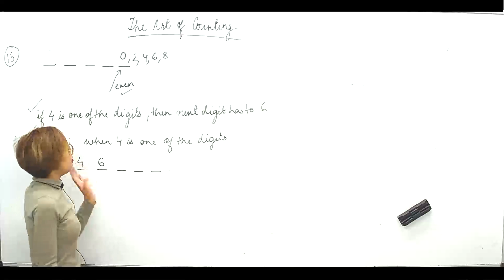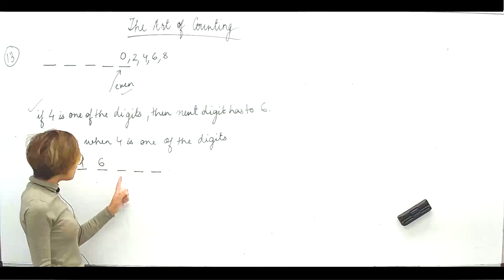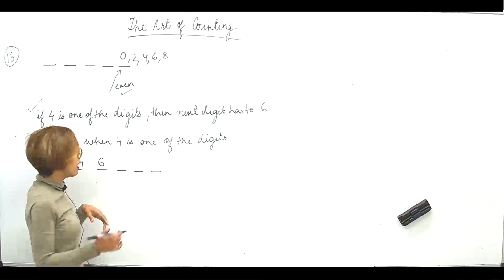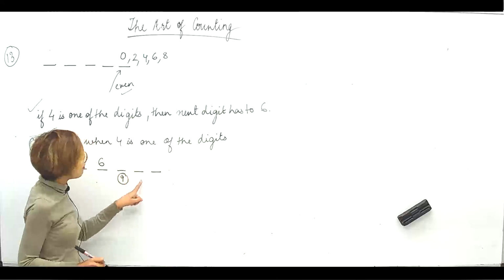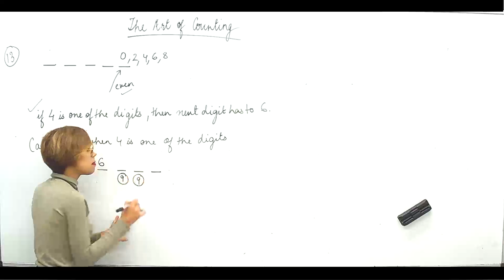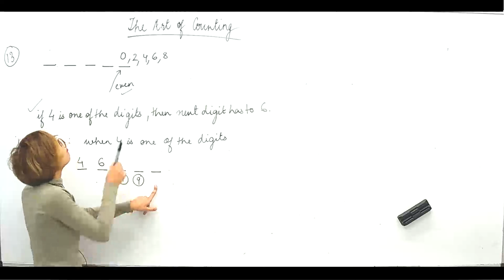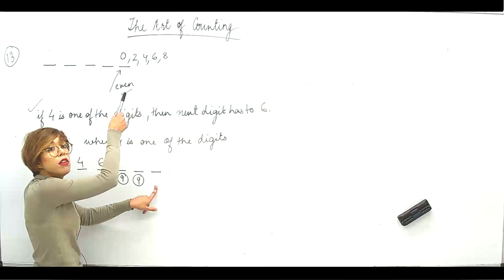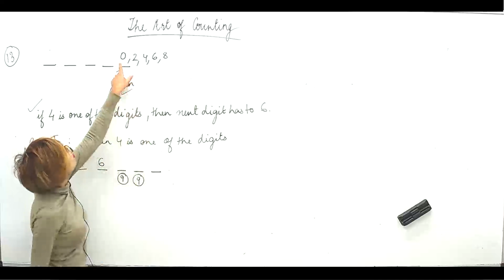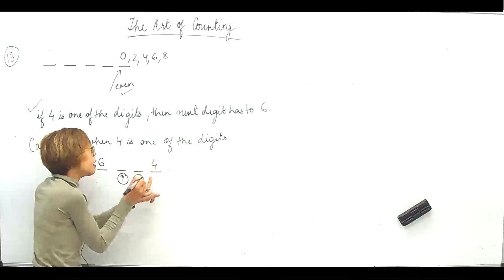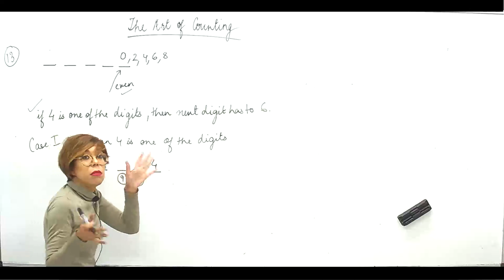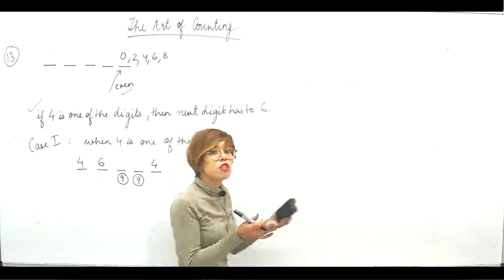So now let's check. Here 4 cannot come; anything except 4 can come, so I have 9 possibilities. Here I have to be careful, I need the number even. For even, the possibilities are 0, 2, 4, but not 4, because if I put 4 over here, the next digit has to be 6, but the next digit is not there, so the condition is not satisfied.